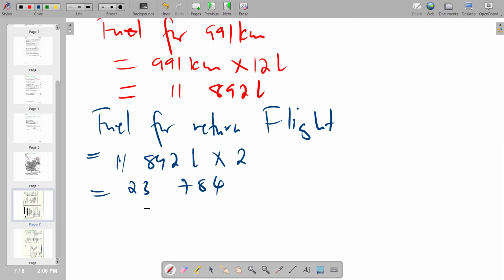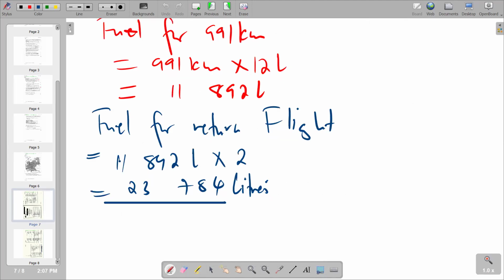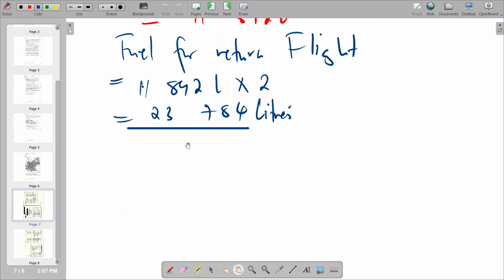So this is going to be the total. So with this now, we can see the 23,784 liters that we have. How many of them are inside the total, which is 183,380. So we say number of return flights now.